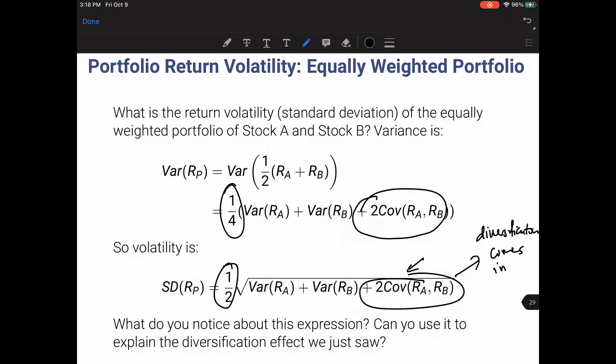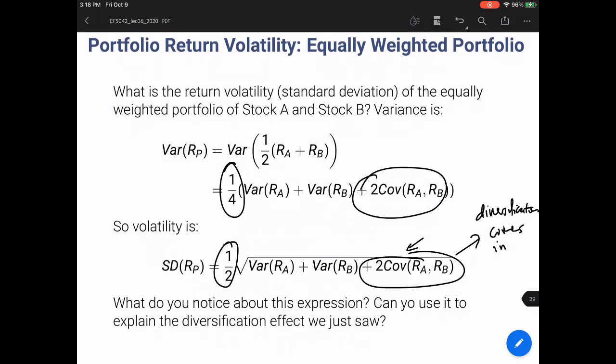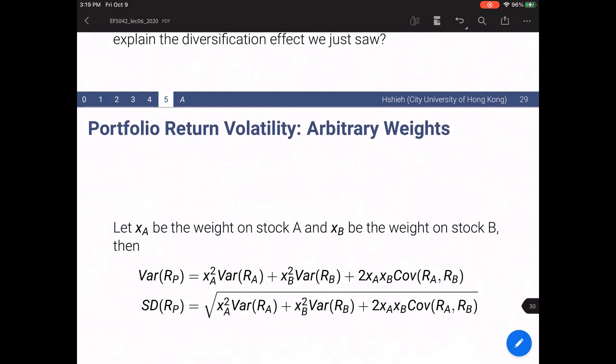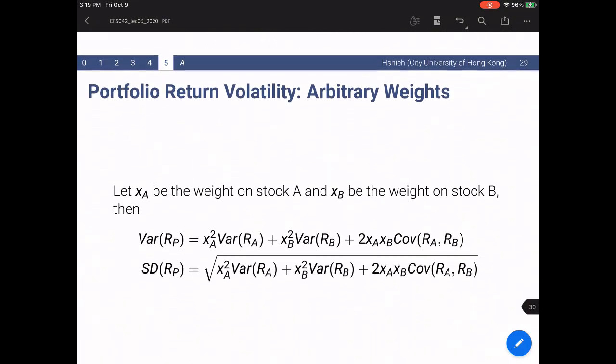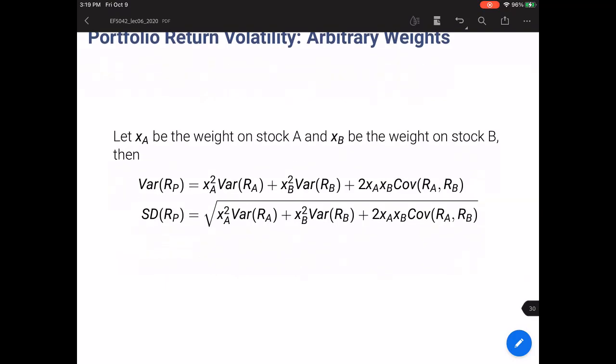But if it's something very close to 0, then this will actually reduce the risk of our portfolio. All right, so let's look at the generalized case for arbitrary weights for 2 assets or 2 stocks. We just simply substitute that 1/2 with XA and XB, and everything shouldn't be too surprising, right?